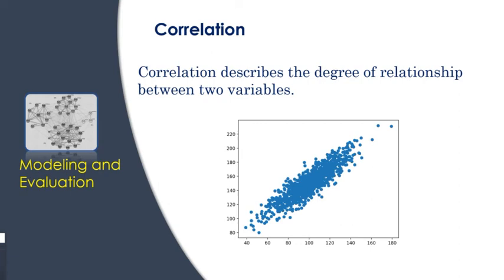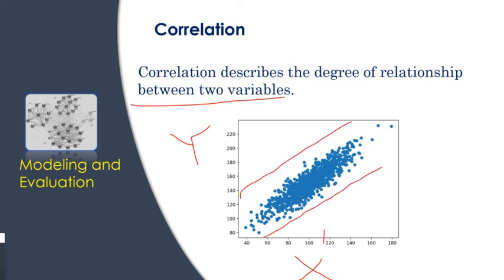And correlation. Here correlation describes the degree of relationship between two variables. If it is variable x and variable y, how are they moving together? If x increases, y increases. If x decreases, y decreases. So we can see there is a positive relation between x and y, and this is what we call correlation.